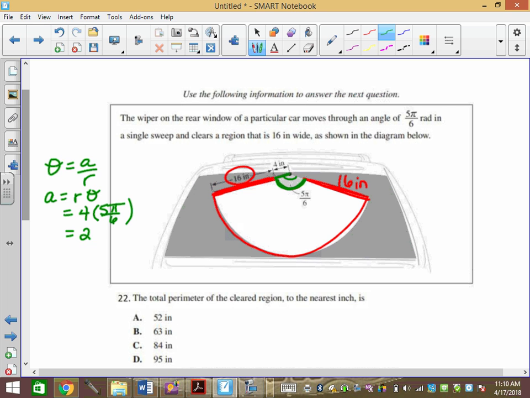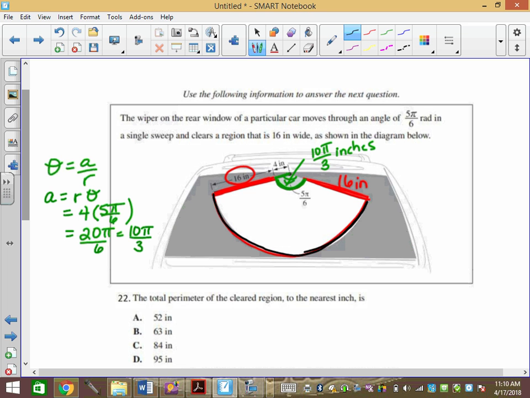So it's going to be 20 pi over 6, or, take a 2 out, 10 pi over 3. So this little green piece is 10 pi over 3 inches. I'm not reducing it yet because I don't want to round until my very last step. If you took it as a decimal, you'd have to keep the decimal. That's it. Then I need this piece here.